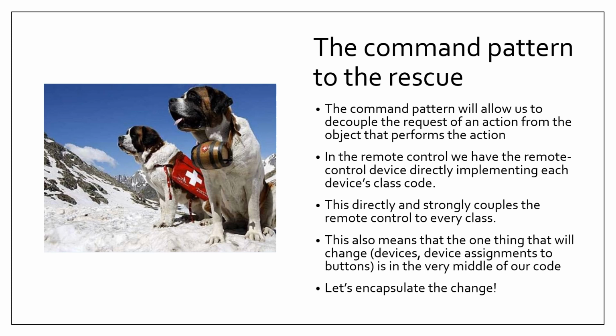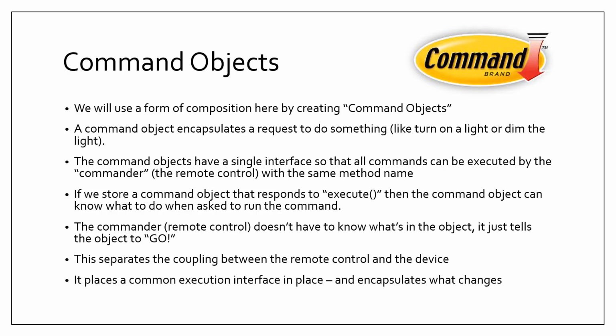So in our situation, the one thing that will change, the devices and the device assignments, is right in the middle. Let's see how we can encapsulate it. What we're going to do is have what's called a command object. And you will, I think, see in just a minute how wonderful and magical this is. A command object will encapsulate the unique code to do something like turning on a light or dimming the light.